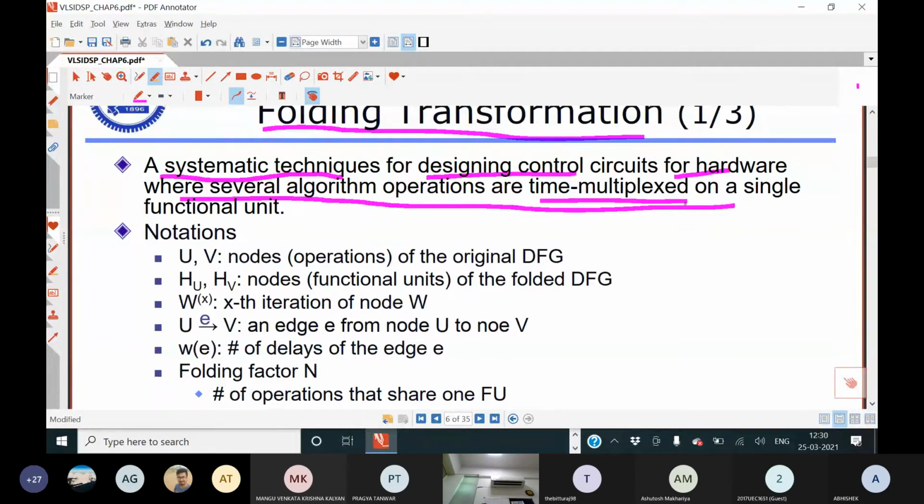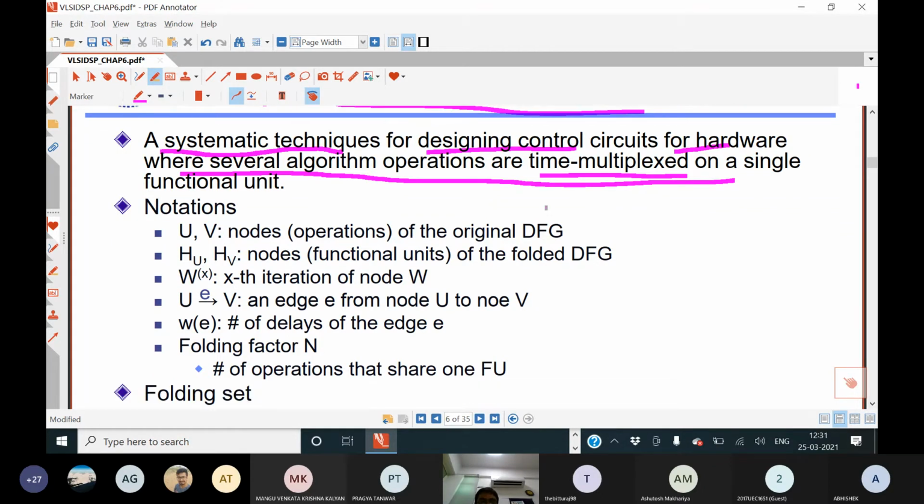Time multiplexing means a single resource has to be used multiple times, so at what particular time this resource is being accessed is what I mean by time multiplexing.